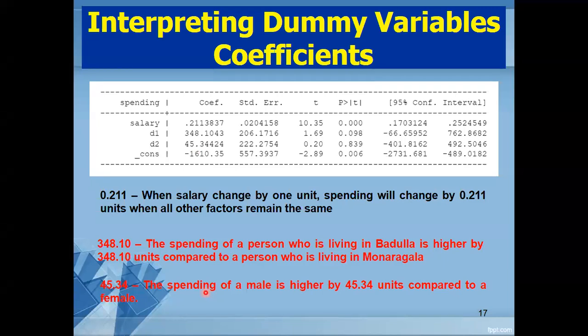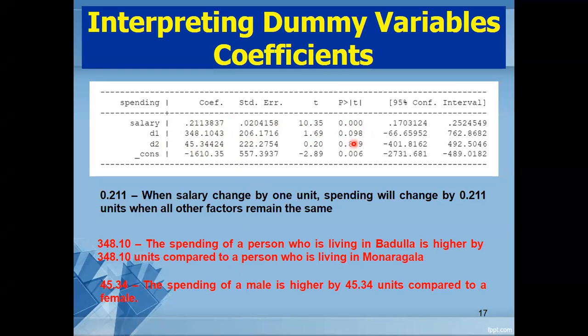Okay, here also it is the same. The estimated coefficient of salary is statistically significant at the 1% level. However, the estimated coefficient of the D1 location dummy variable is marginally significant at the 10% level. But unfortunately, the estimated coefficient of the D2 dummy variable is not statistically significant.